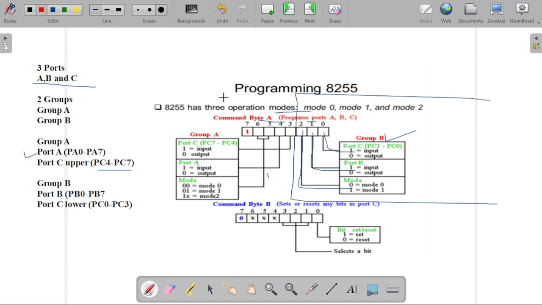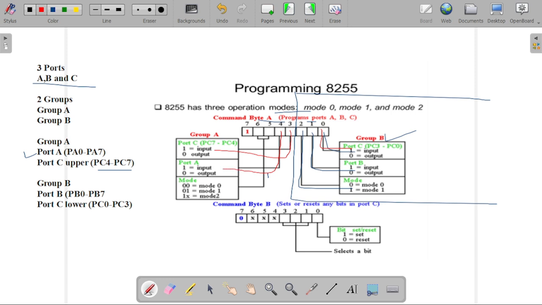Now the next part is for our group A architecture. The third bit is considered for the upper part of port C, and the 0th bit is considered for the lower part of port C. In the 4th bit, we are taking the port A structure for input and output.